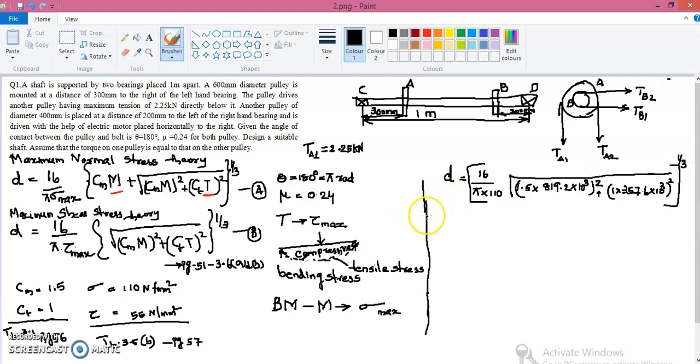So when you do this, we can find the diameter, and we are getting this value as 49.1.